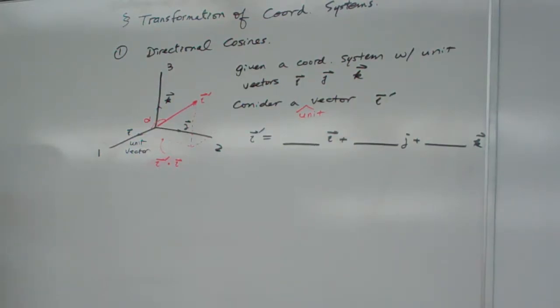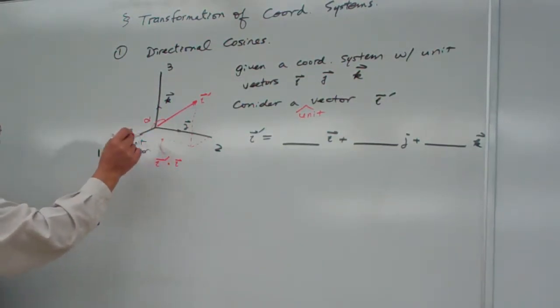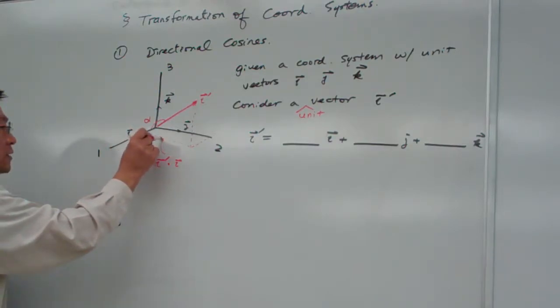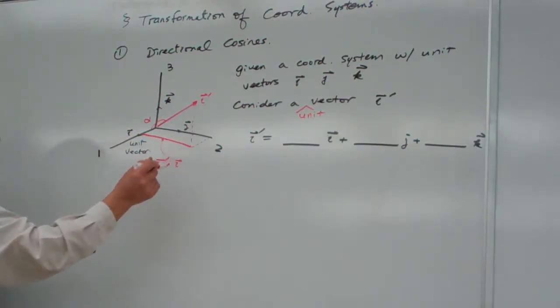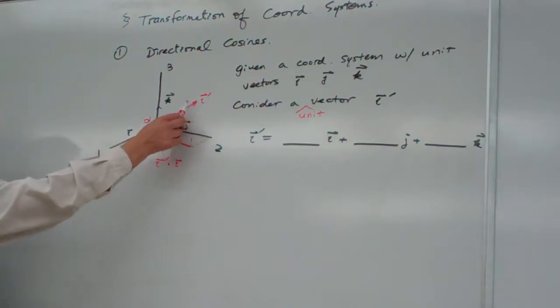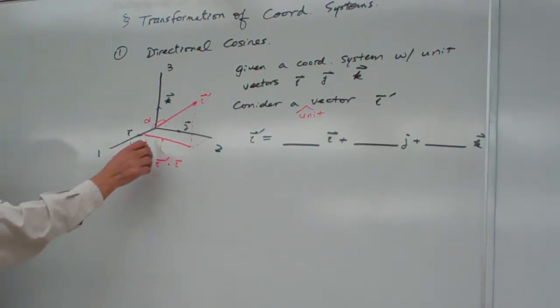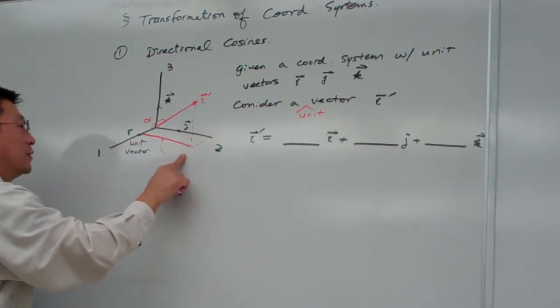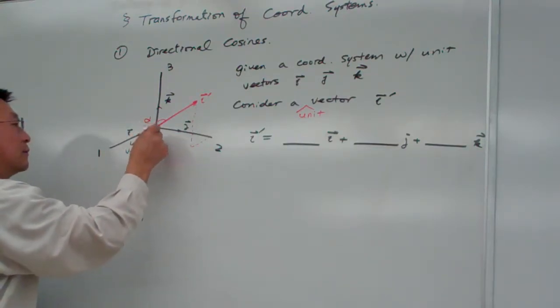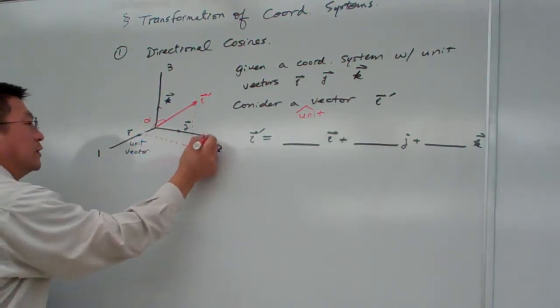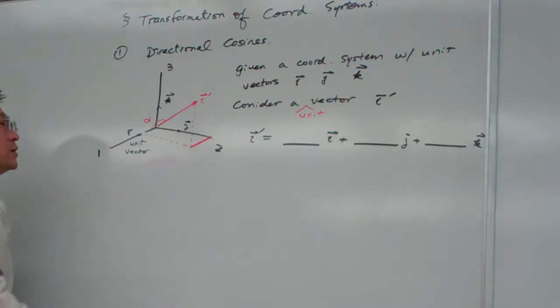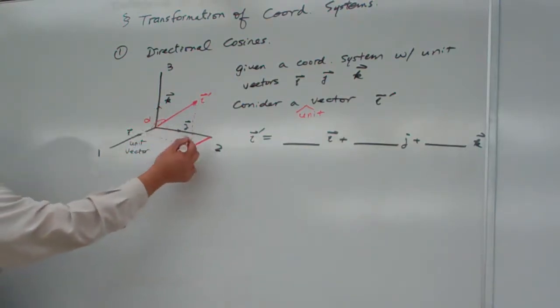All right? Again, let me use color. So this is the amount that represents the projection of this vector into one direction.